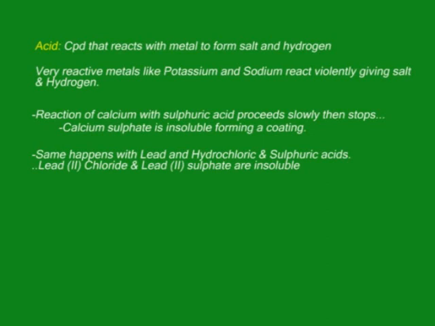The salts lead(II) chloride and lead(II) sulfate are insoluble, and therefore they will form a coat on the unreacted metal, making it hard for the acid to access, and therefore the reaction will stop. On its part, copper doesn't react with dilute acids at all.